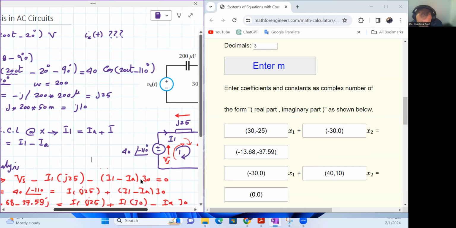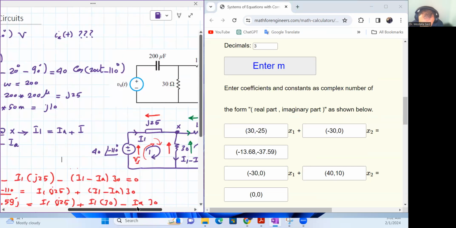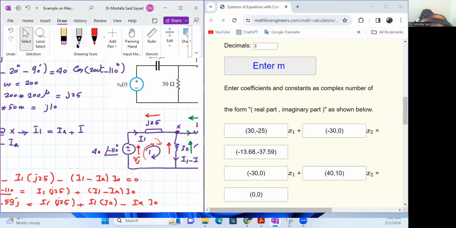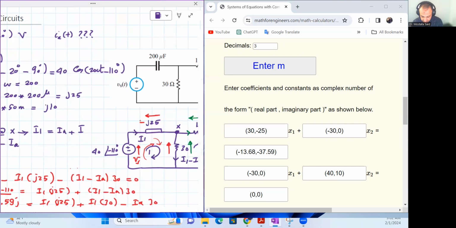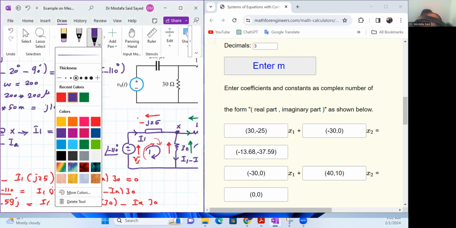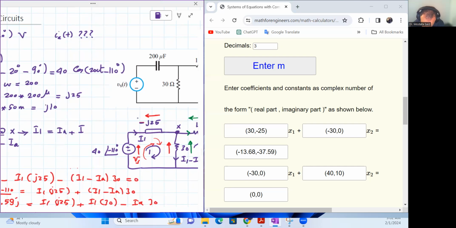Oh, I'm sorry, another mistake. So that's basically minus J25, not positive. So let's write it with the original right color. So that's minus J25.